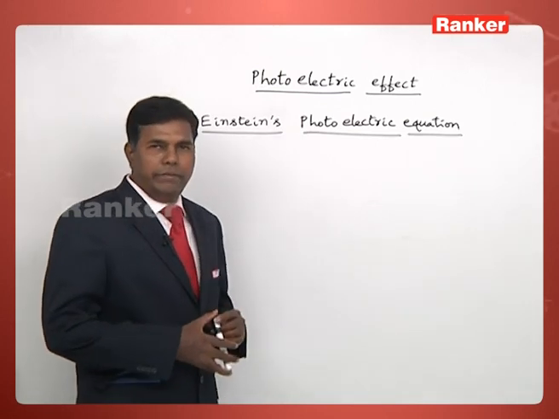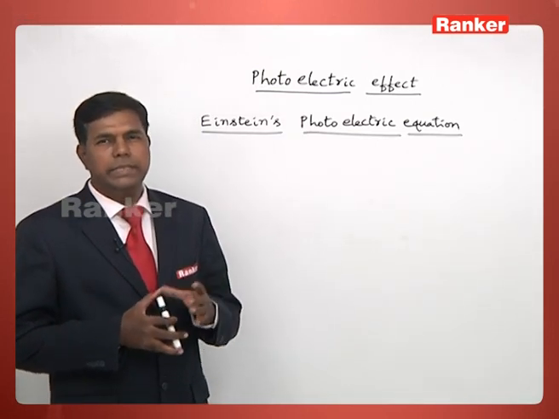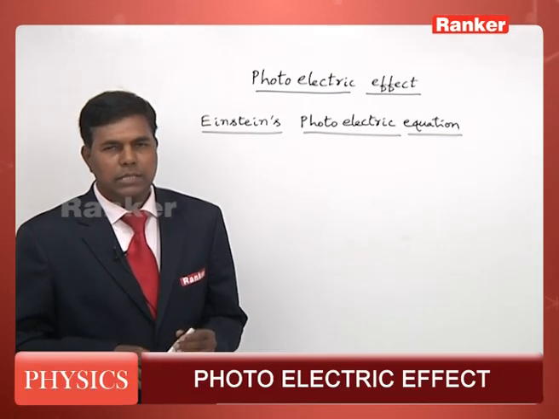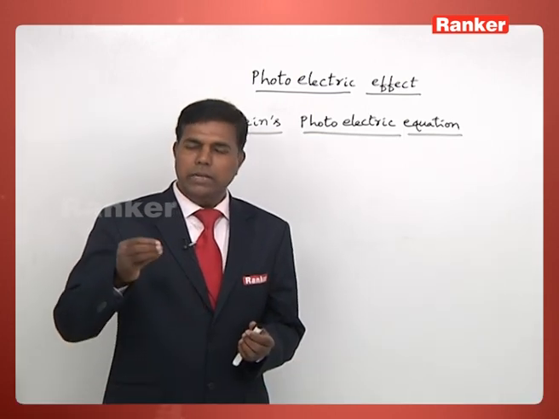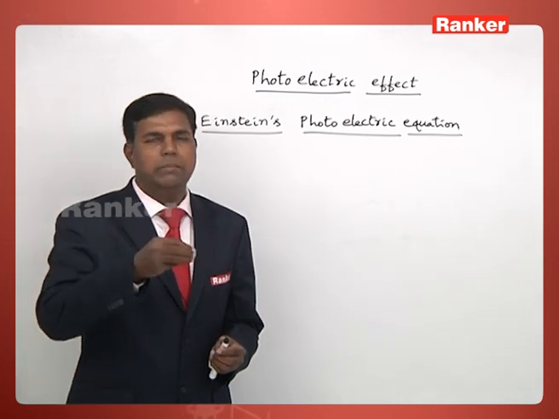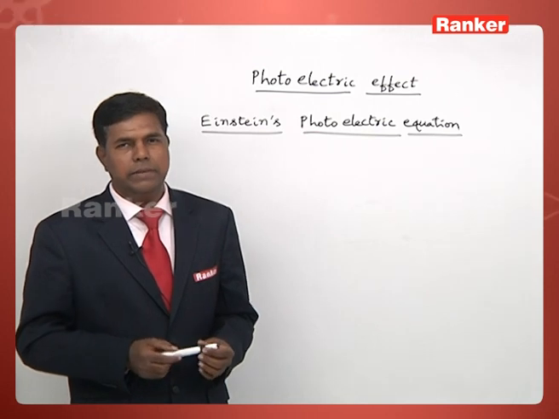Einstein's photoelectric equation. This equation is basically the conservation of energy principle applied to the photoelectric effect. In the photoelectric effect, a high energetic radiation is incident on a metal, and some of the electrons are emitted from the surface.